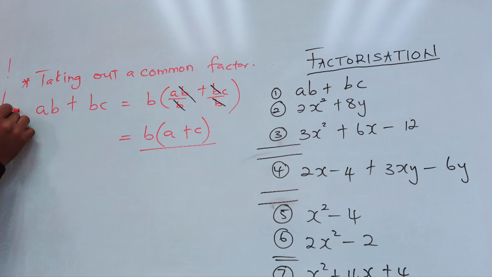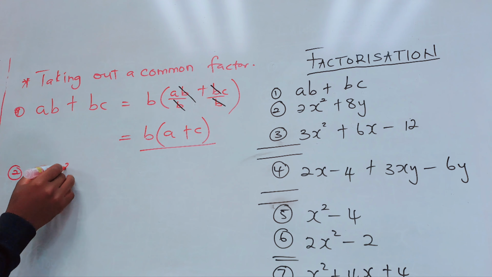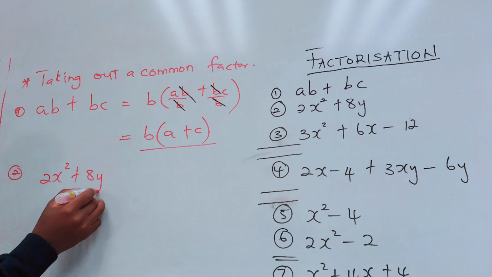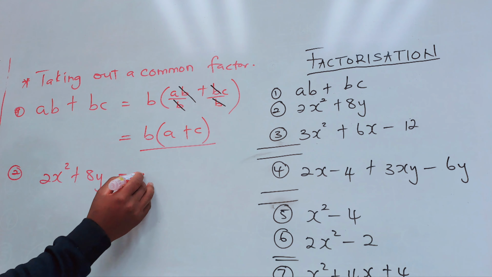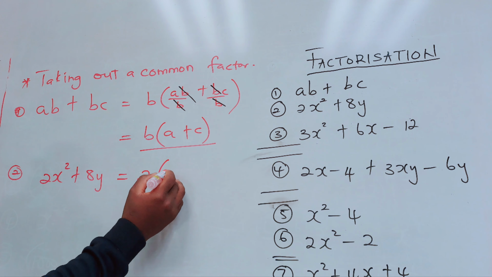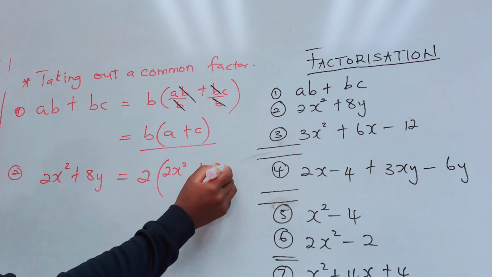Let's see number 2. 2x squared plus 8y is equal to. You look for the common number between 2 and 8. In this case, it seems as if 2 is the common factor, so we take it out. Then we copy our expression inside the bracket.